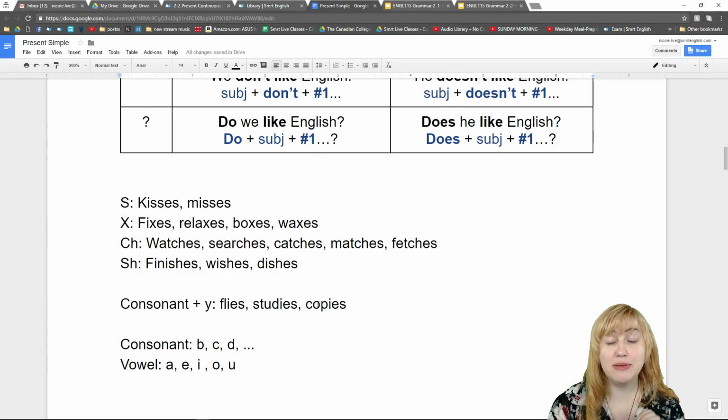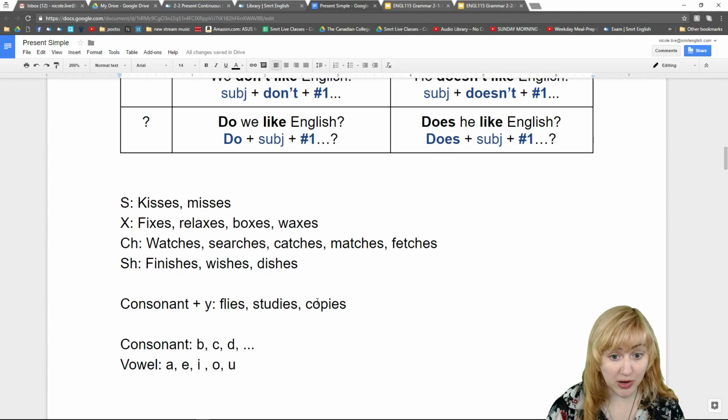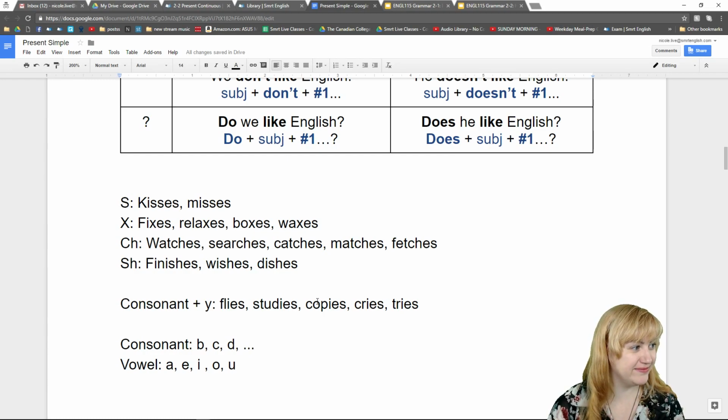Oh, and somebody asked about the word play, and we're going to talk about that next, the word play. So hang on just a minute for that one, very good. Let's see, cry, cries, very good. And then try, tries, very nice. Those are great examples, everybody.